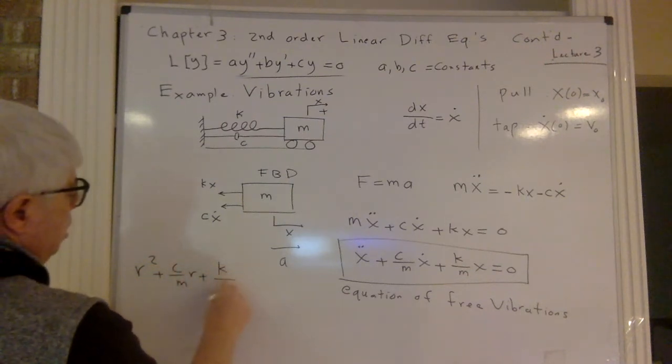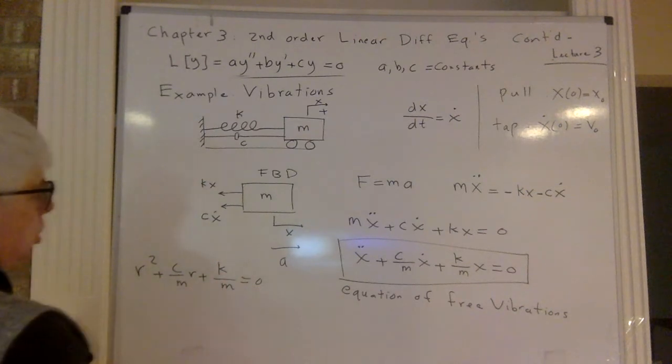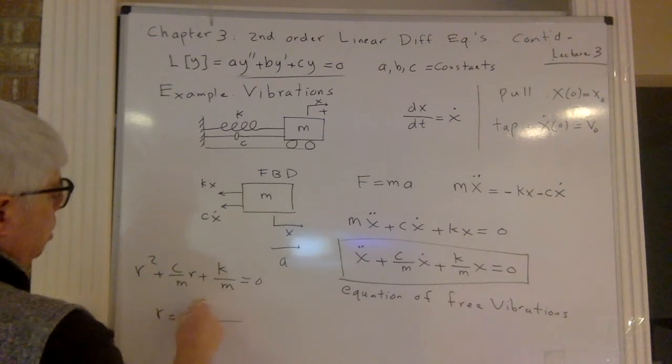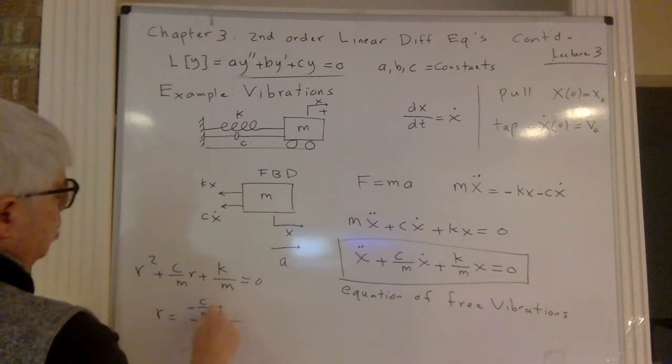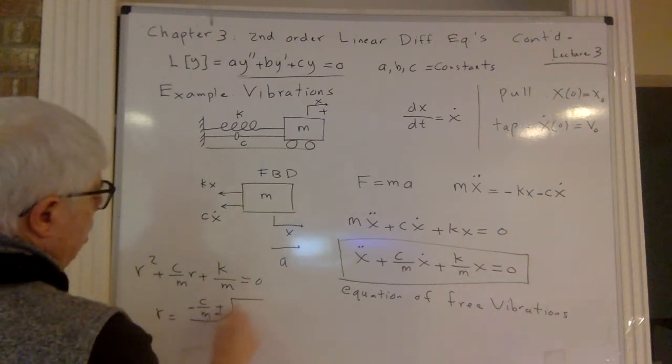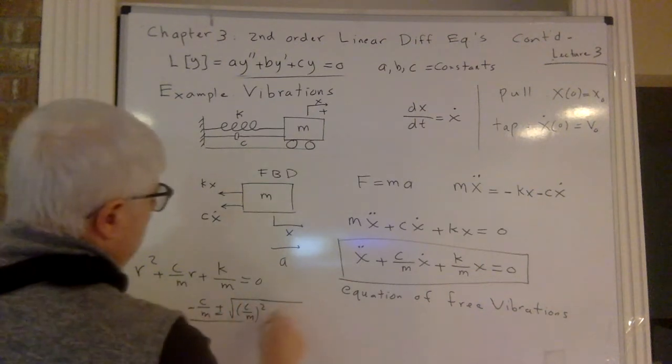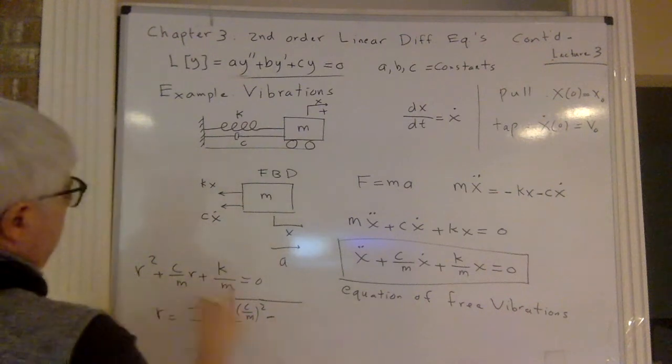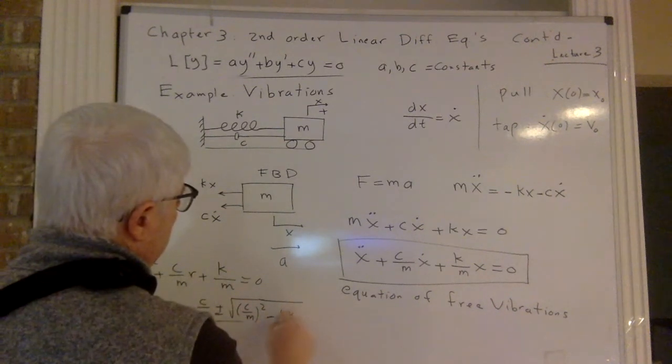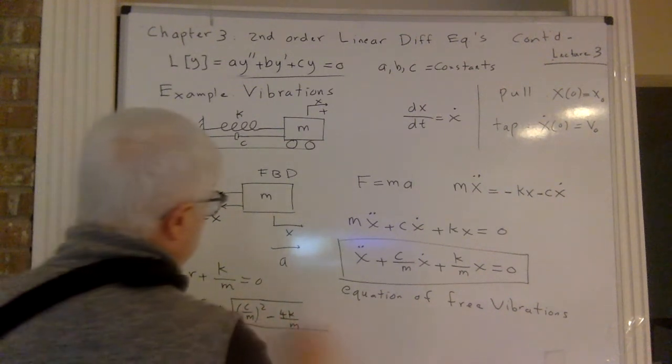And the solution to this characteristic equation is r equals minus c over m plus or minus the square root of (c over m) squared minus 4 k over m, divided by 2.